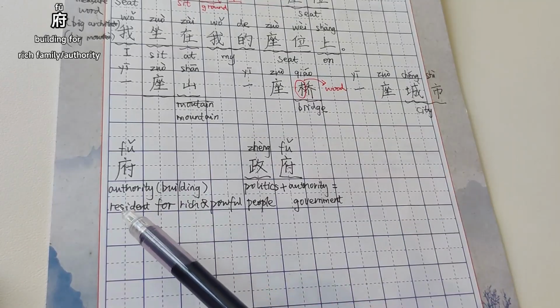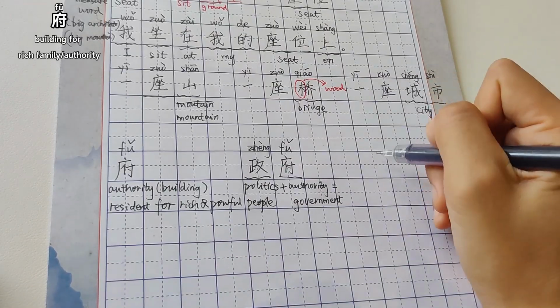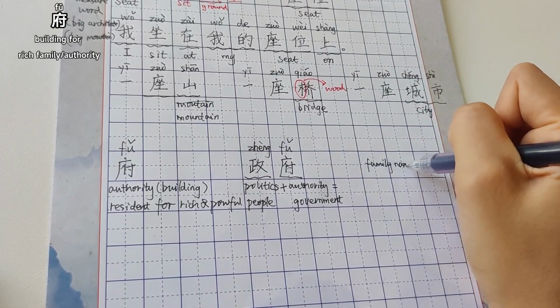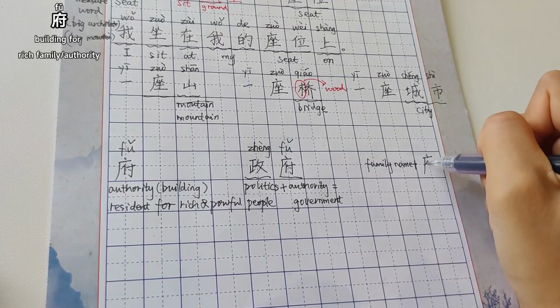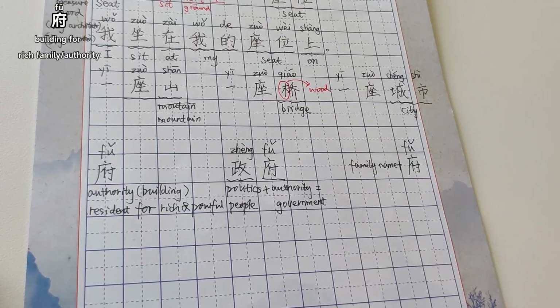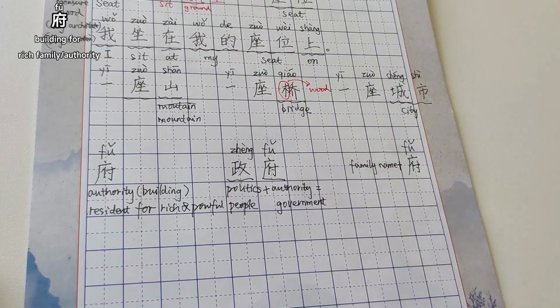And the second meaning for the fu, the resident for rich and powerful people, this is how we use it. You use your family name plus the fu. For example, one of the most popular Chinese family names is Li.